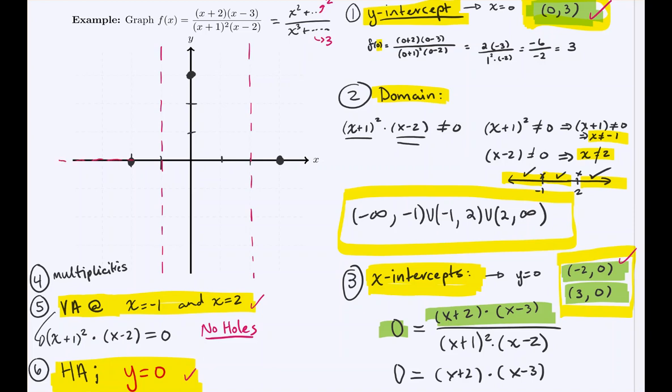Now, horizontal asymptotes do not mean that the graph can never cross it. It just means as you go out in the negative x direction forever and the positive x direction, eventually the graph will start to approach that value and not touch, but maybe close to 0. As we can see here, it actually is going to cross it, but it's just later on that it approaches and has that asymptotic behavior. And there's no holes for us to mention, so we don't have to draw that on the graph.